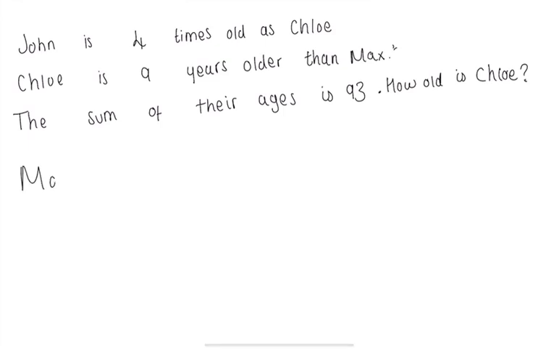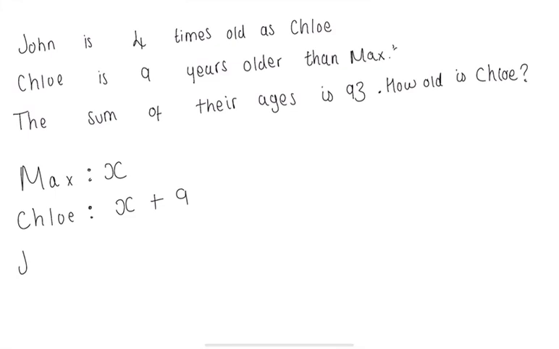So we can just say that Max is x. We don't know anything about Max's age. However, Chloe is 9 years older than Max. So if Max is x, whatever his age is, if we add 9, we're going to get to Chloe's age.